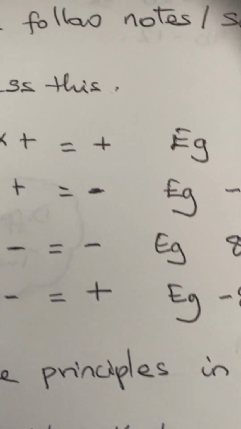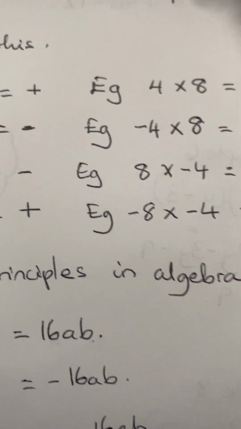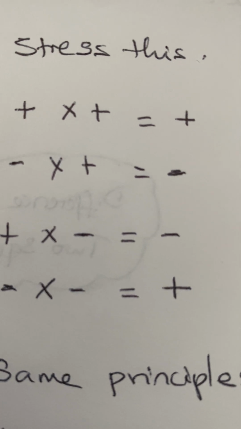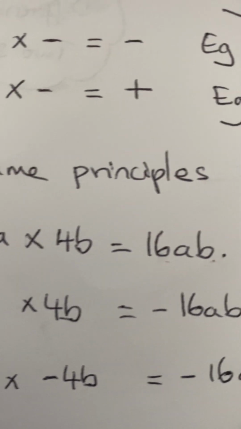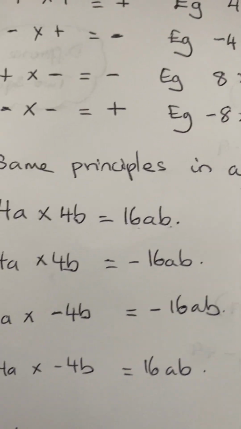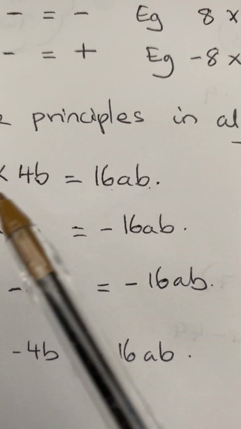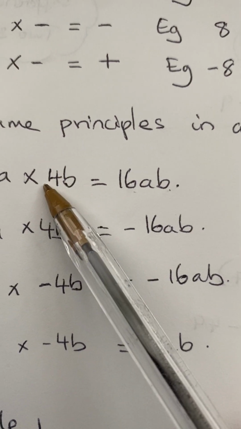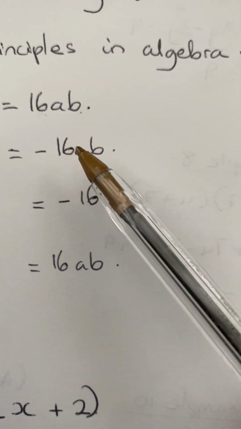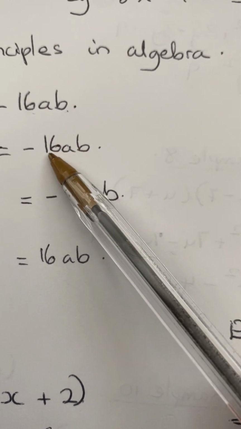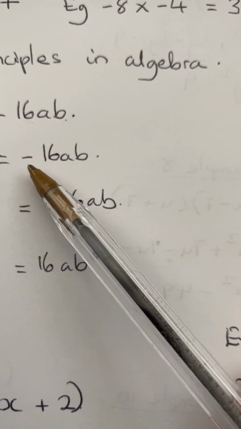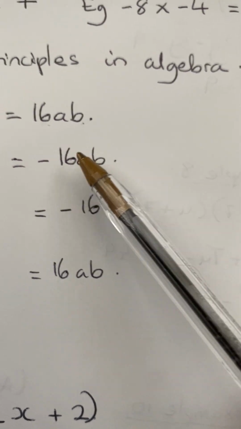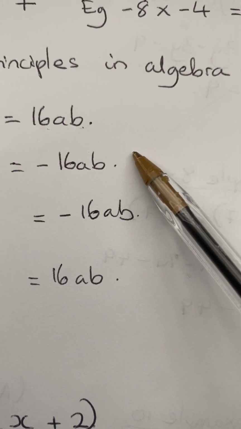Please follow the notes. These are my notes. I took time to write them myself. What I mean by that is, for instance, if I want to say 4b and I say 46, this is 4b, okay? Or I point at this and I end up saying 16ab, it's minus 16ab. At that moment, go by minus 16ab, okay?